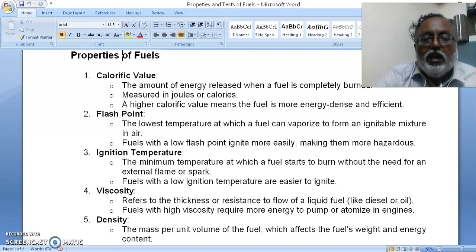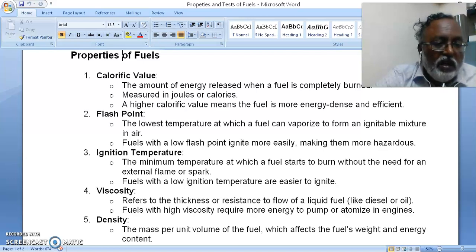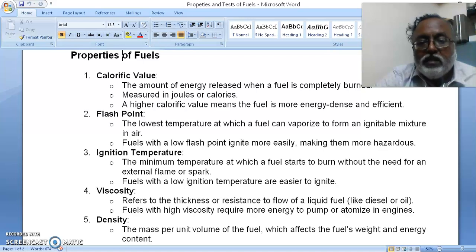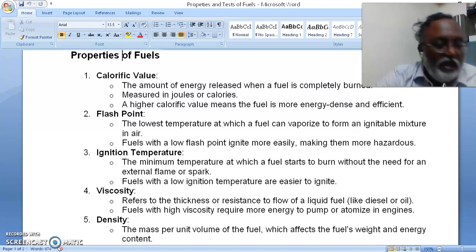Fuels with high viscosity require more energy to pump or atomize in engines.